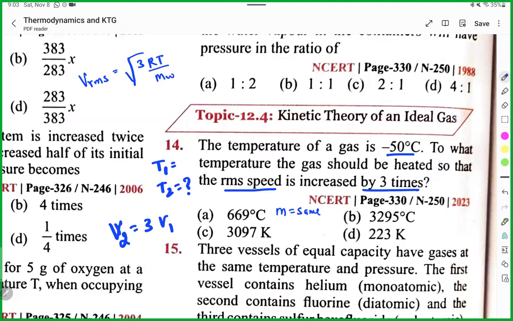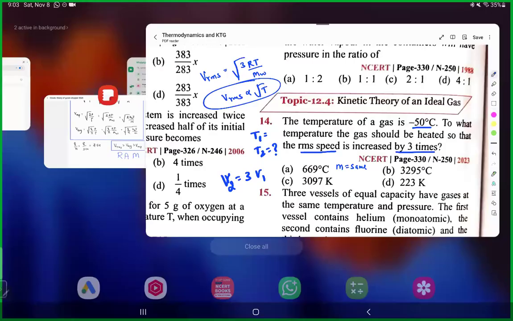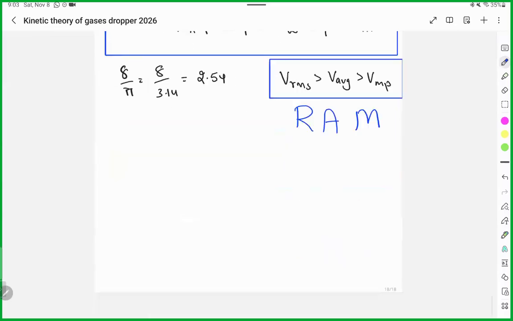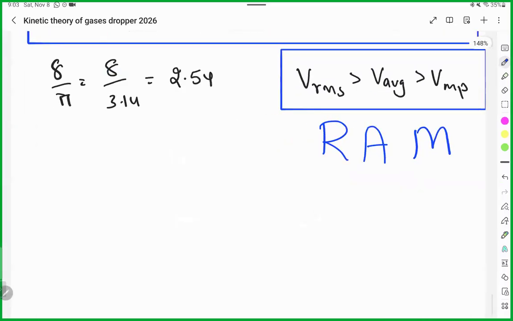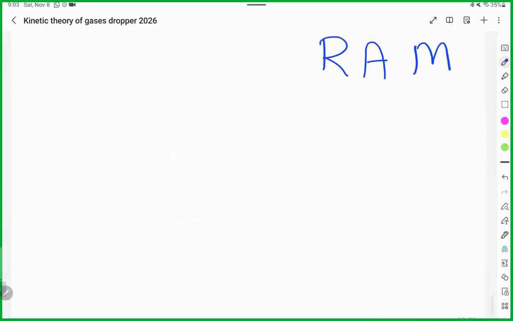Yes or no? Correct, sir. R is the gas constant. Molar mass for a given gas is the same. So it means VRMS directly depends upon temperature. Now you can solve this question. This is NEET question 2023.